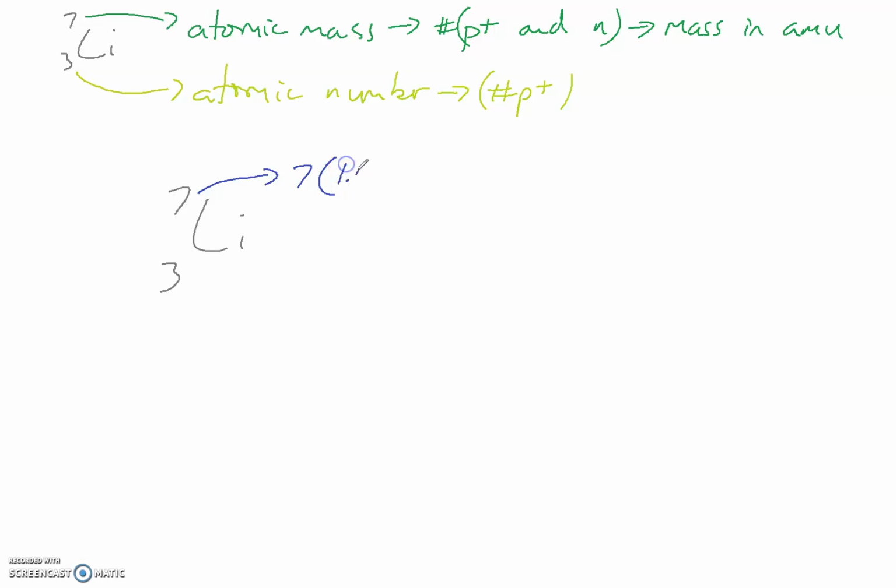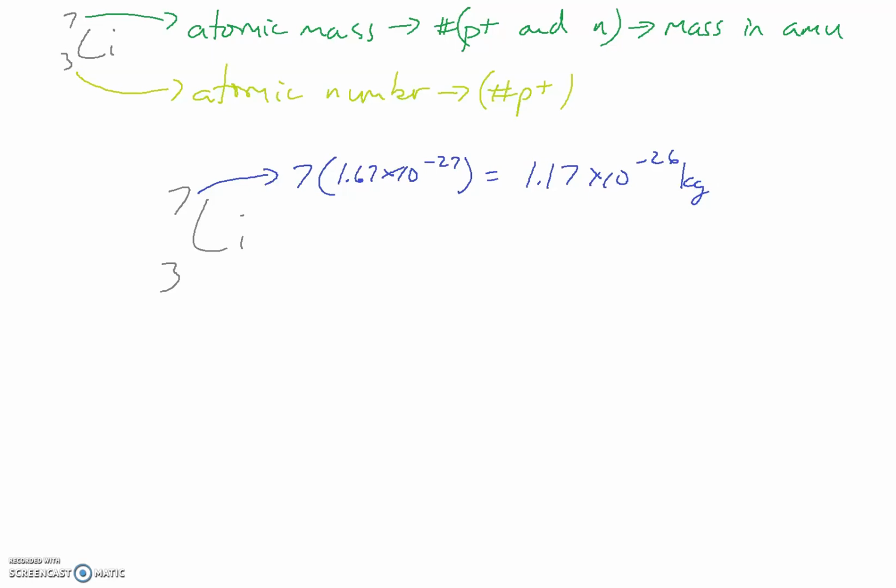So give or take, it's around 1.67 times 10 to the negative 27 kilograms for each one. If we multiply that out, we have the entire mass of the nucleus. This is a really common calculation. It happens all the time for finding the masses of nuclei. So we get approximately 1.17 times 10 to the negative 26 kilograms.